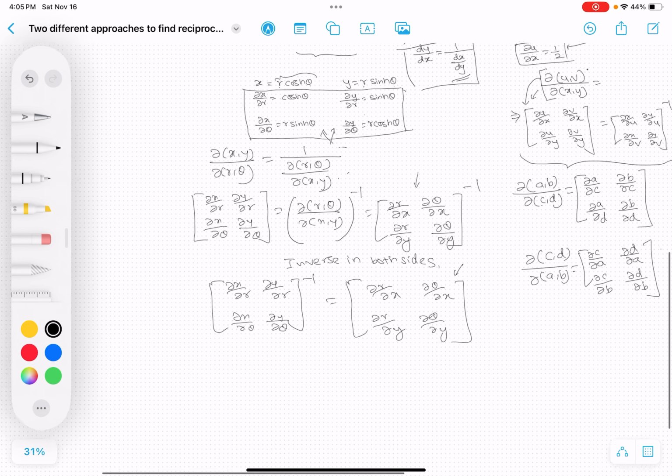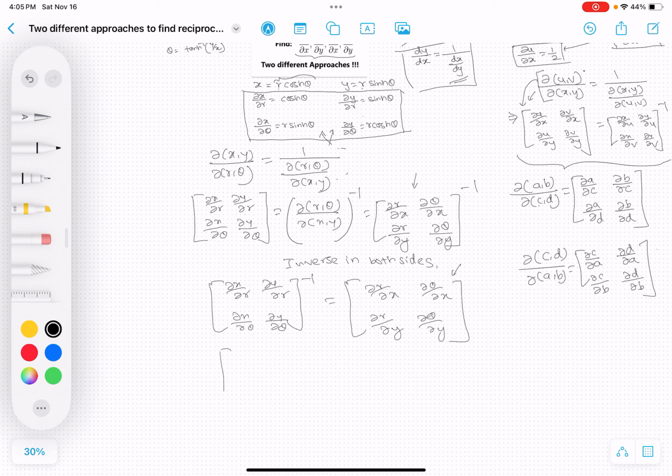Now we know that the elements of this matrix are cos theta, sin theta, and then minus r sin theta, r cos theta, which will be equal to partial r by partial x, partial theta by partial x, partial r by partial y, partial theta by partial y.